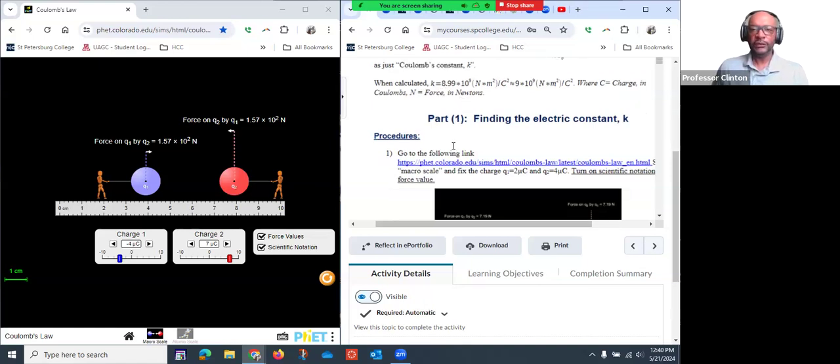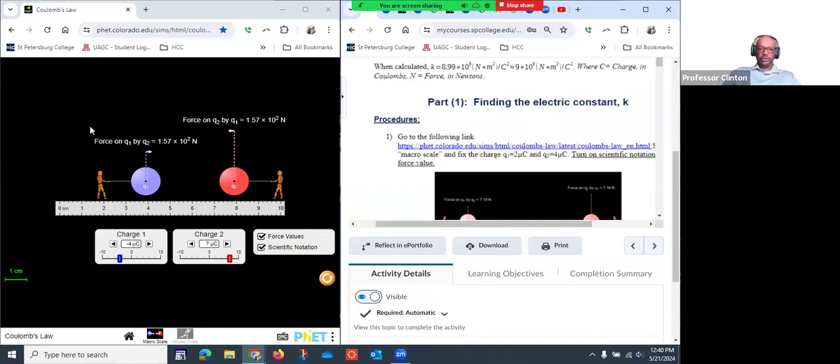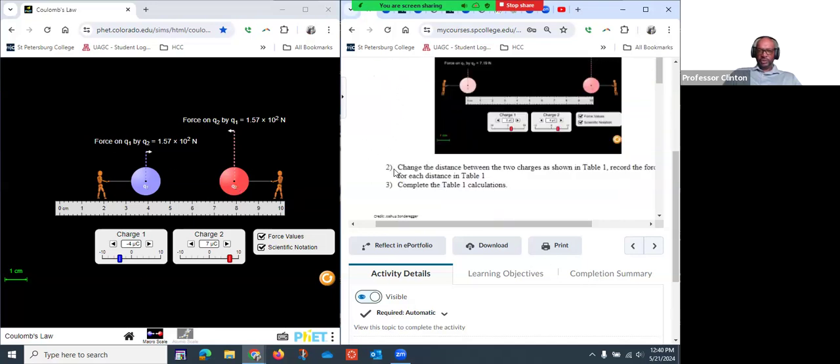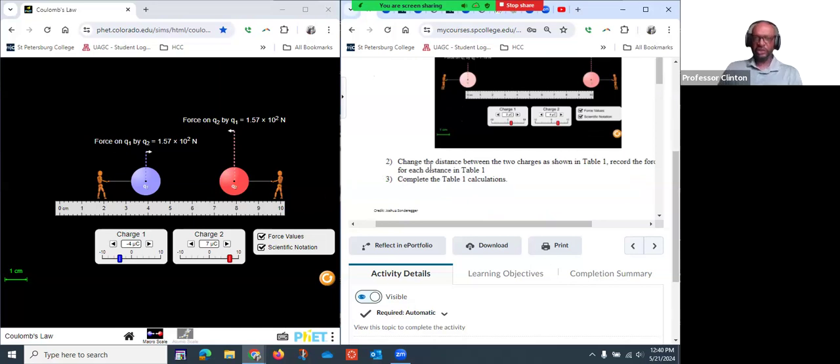And so if you were to click this link, you would go to the simulation, and I walk you through how you should set up the simulation and what you're going to be trying to do. So basically, you're going to be changing the distance between the two charges and measuring the force. And so it'll spit out the force basically for you.